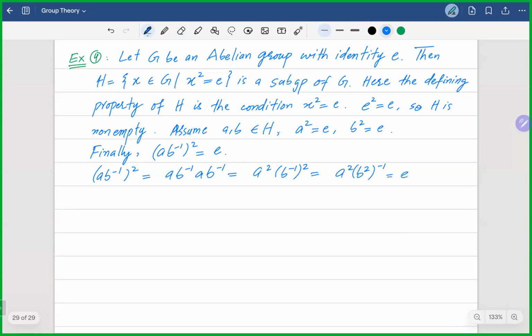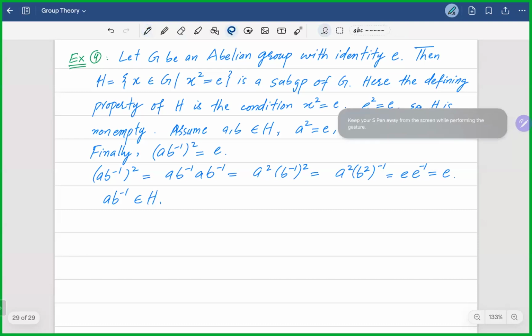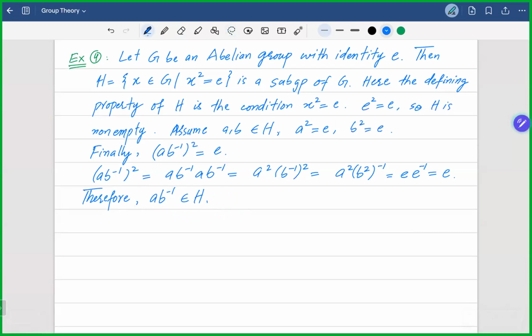And this is nothing but E into E inverse, which is nothing but E. Therefore, AB inverse belongs to H. And by one step subgroup test, H is a subgroup of G.